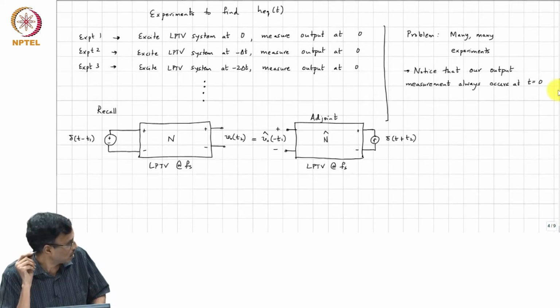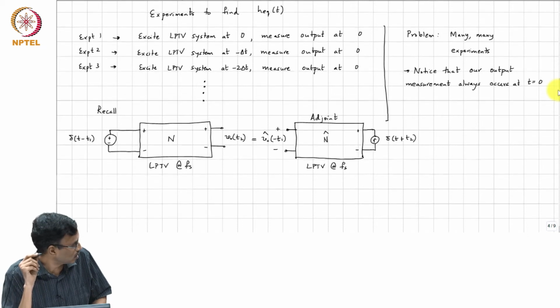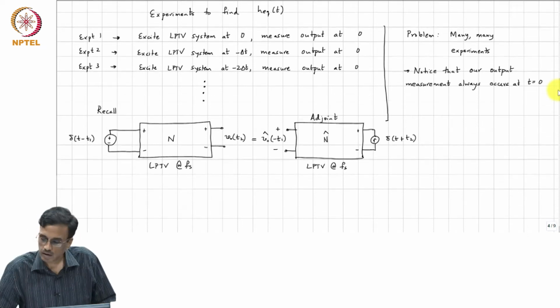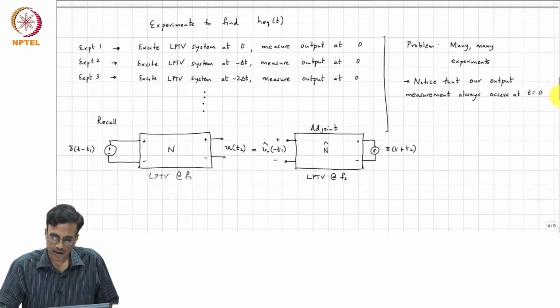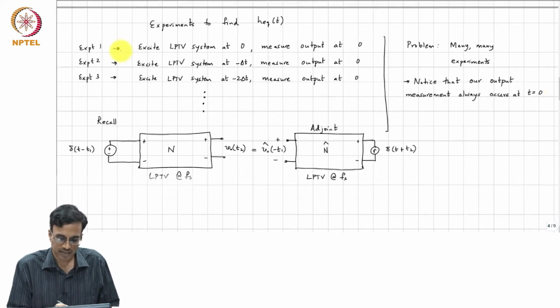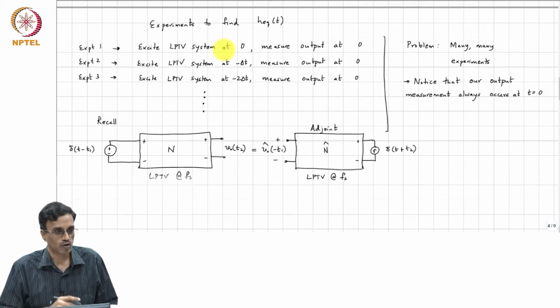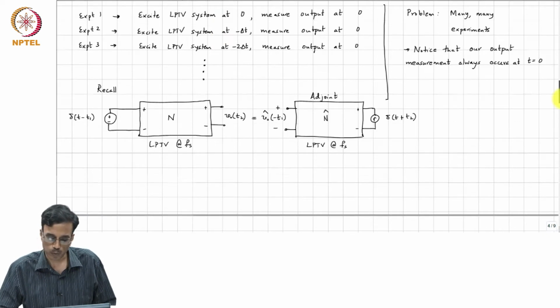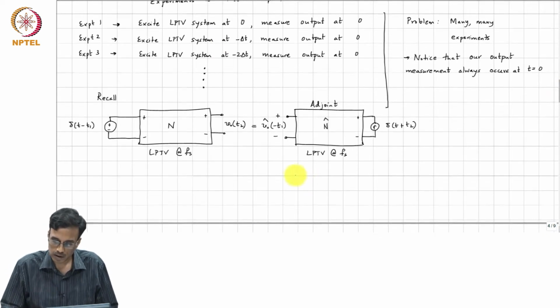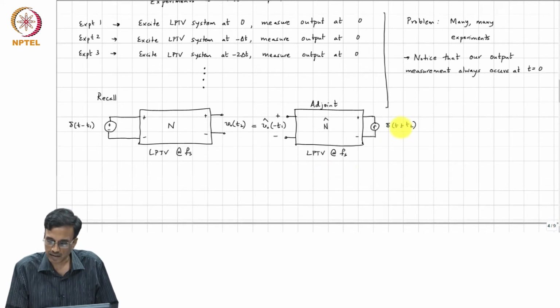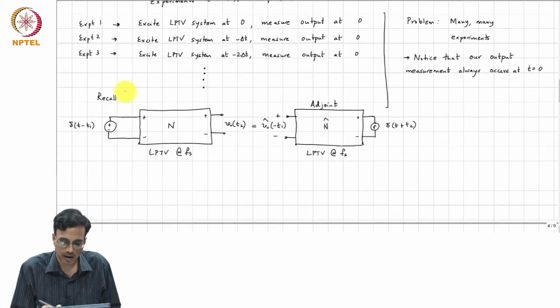Okay. Now how do we apply this principle? Well, in experiment 1, we excite the LPTV system at 0 and measure the output at 0. So you will get the same output if you take the adjoint.